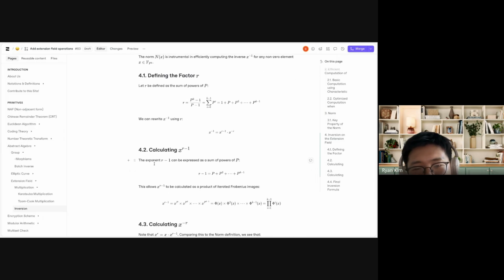This exponent R minus 1 can be expressed as a sum of powers of p, because R is this, so R minus 1 is the sum from p up to p to the k minus 1. And x to the R minus 1 is basically the product of phi of x up to phi to the k minus 1 of x.